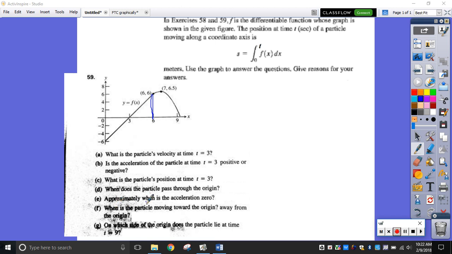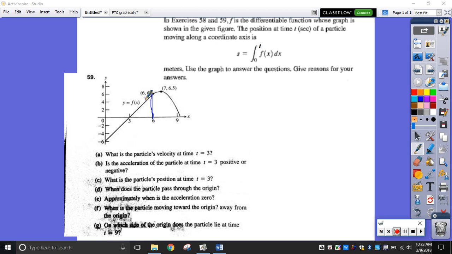Question F is asking about the direction the particle is moving. So it's asking when is the particle moving toward the origin, which would be to the left, and away from the origin, which would be to the right. And remember, velocity is directional. So when velocity is negative, the particle's moving left. And when velocity is positive, the particle's moving right. And so remember, this graph technically is a graph of the velocity.